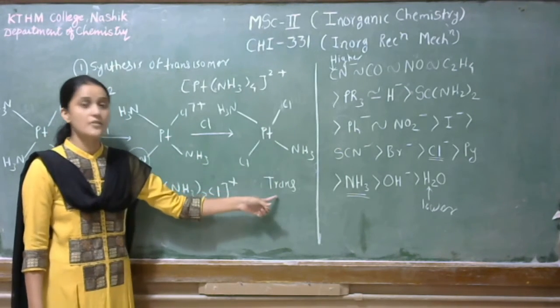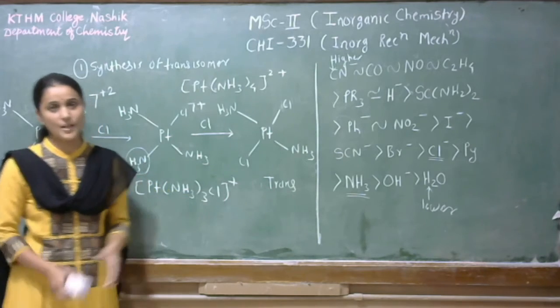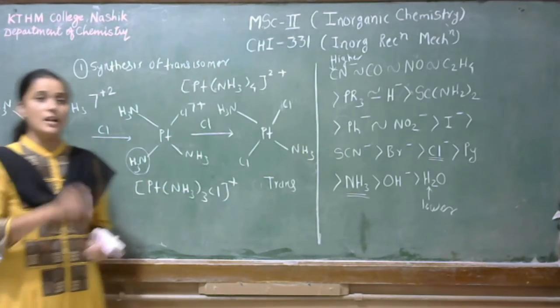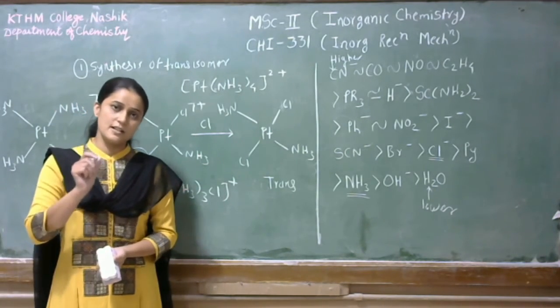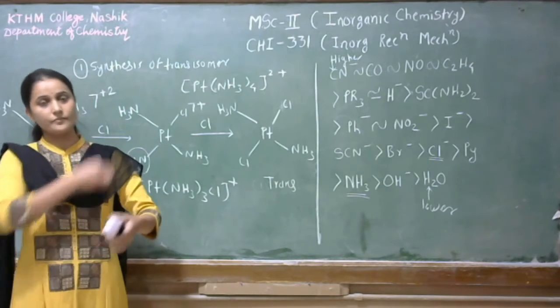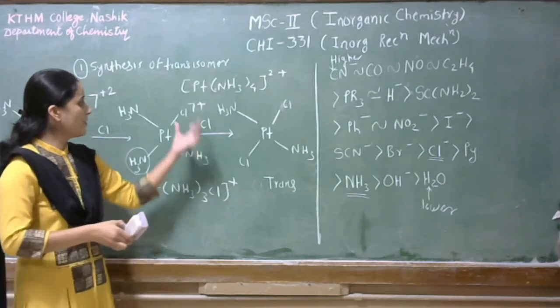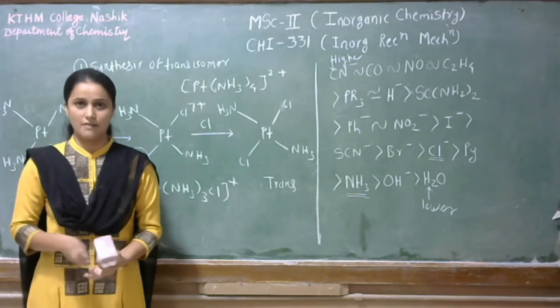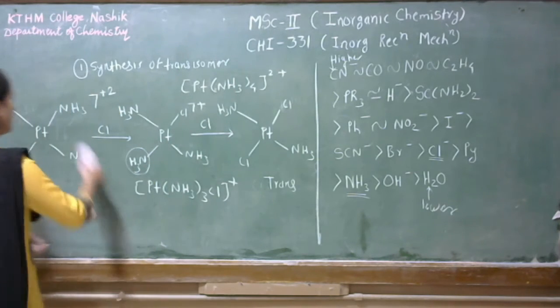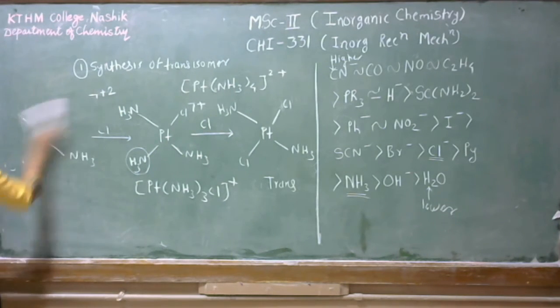So we get the trans isomer here. So for the cis isomer, a less trans directing effect is required, and for the trans isomer, a more trans directing effect is required. Okay, so let's see another problems.